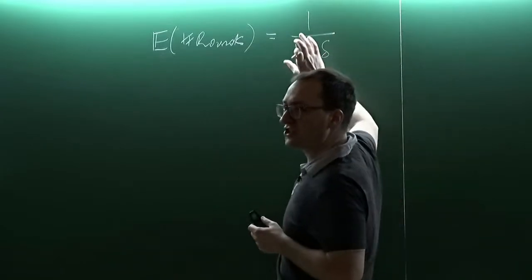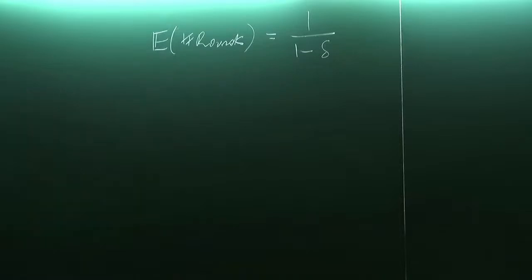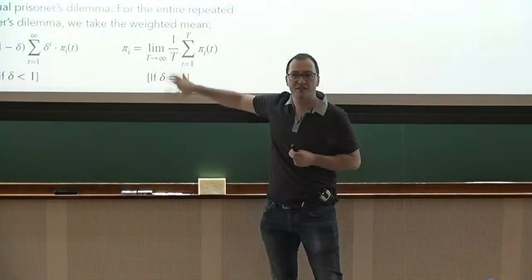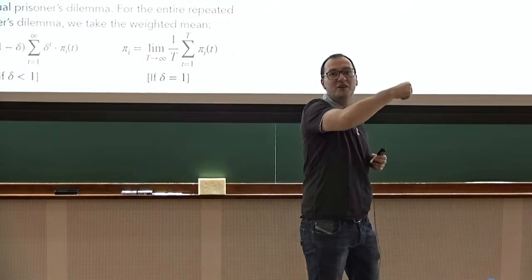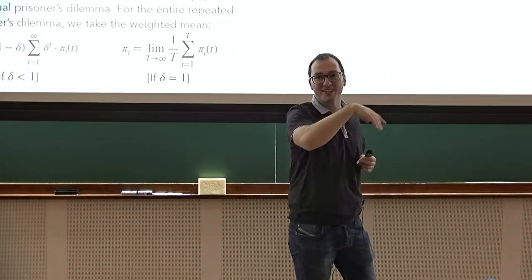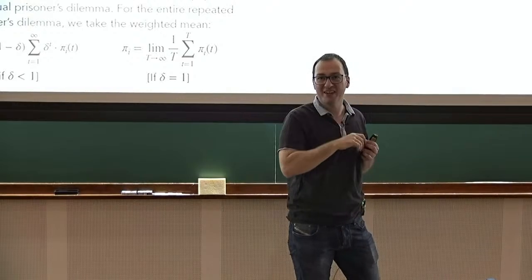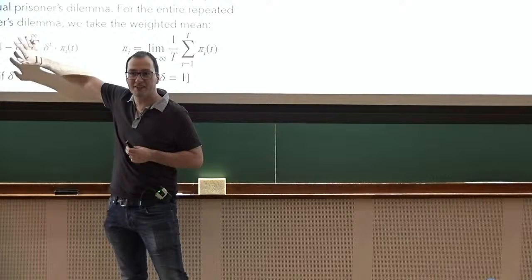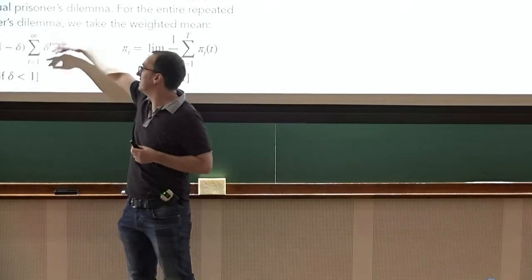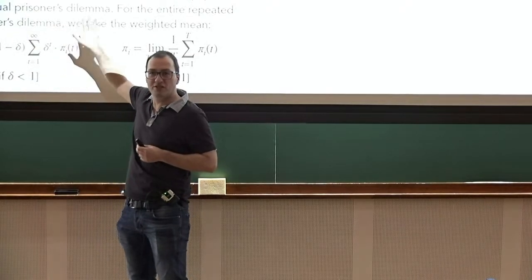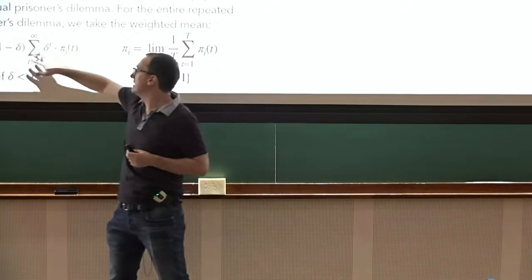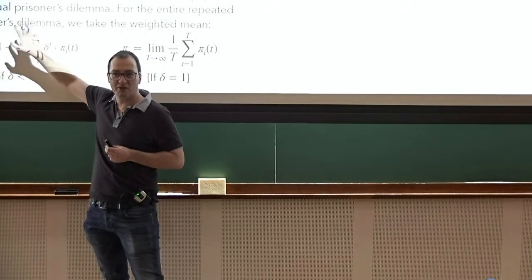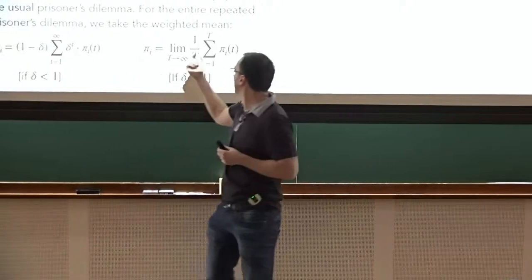And therefore, just as we divided here by 1 over T, because T was the number of rounds, here we divide by 1 over 1 minus delta, which is then 1 minus delta. So this is usually the explanation for why people have this 1 minus delta here. So this delta T is just a discount of future payoffs. And this 1 minus delta just serves as a normalization, which is analogous to this normalization.